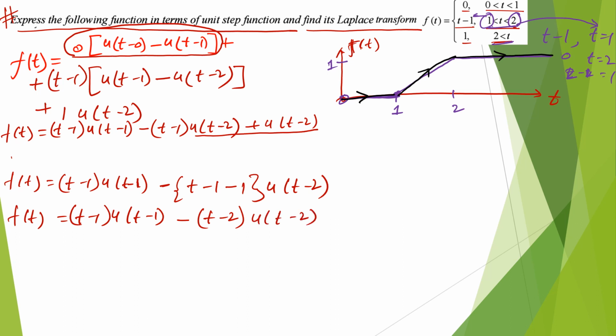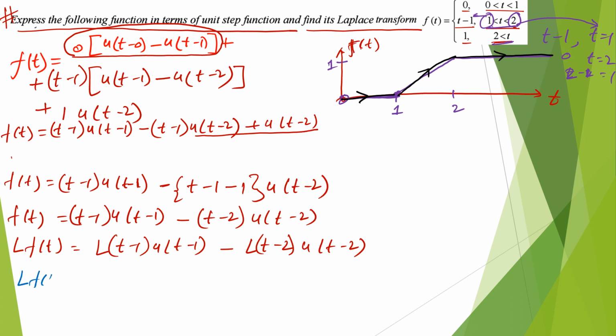Now taking the Laplace on both sides, the Laplace of f(t) is equal to the Laplace of (t minus 1) u(t minus 1) minus the Laplace of (t minus 2) u(t minus 2). So finally, by using the formula, we get the Laplace of f(t) equal to e to the power minus s upon s squared minus e to the power minus 2s upon s squared.